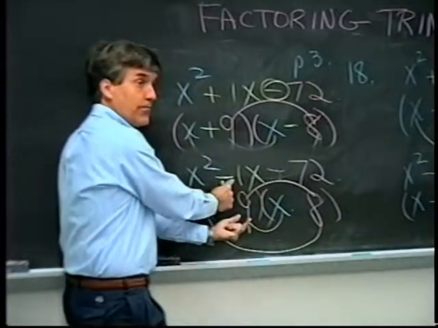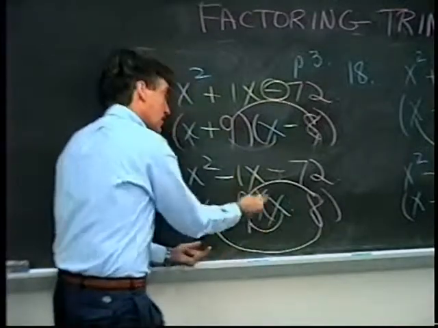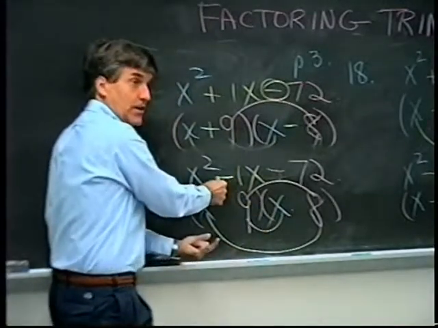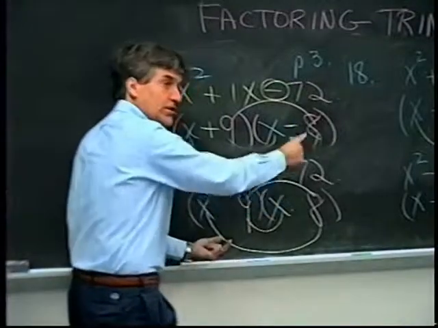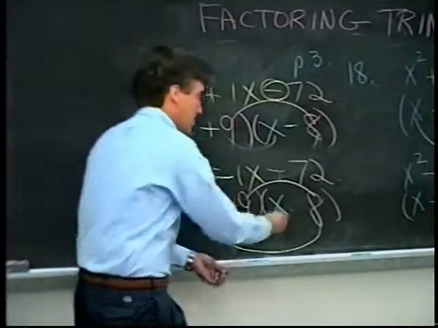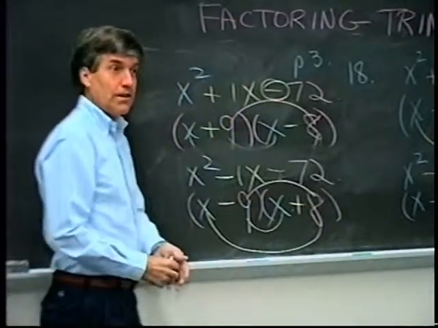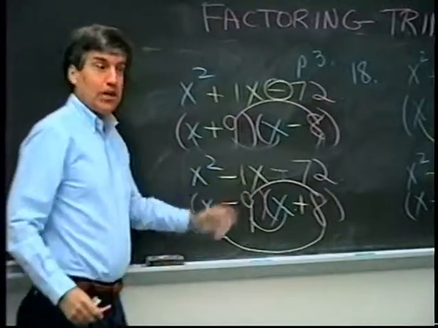The negative is going to go with the 9. The larger of the combinations, outer, inner, is going to get the negative sign. And then this would have to be a plus sign. Is that right? Okay? So maybe that'll help some.